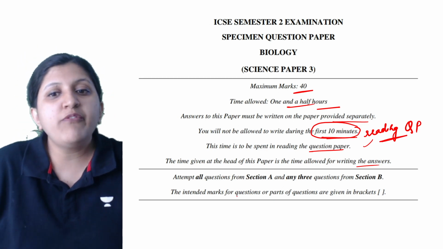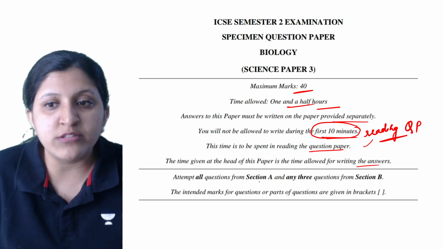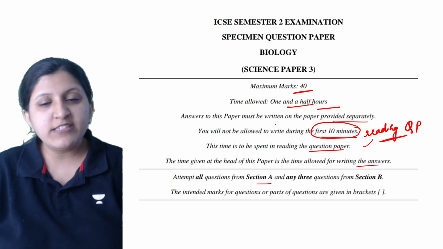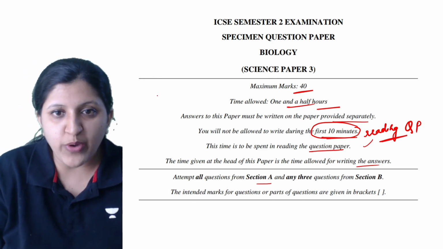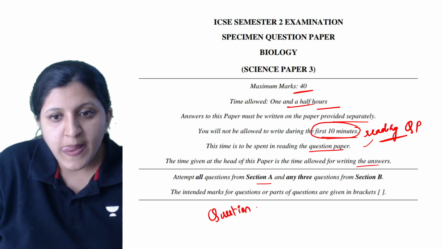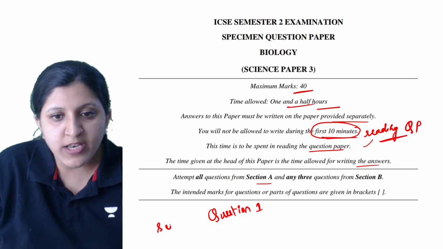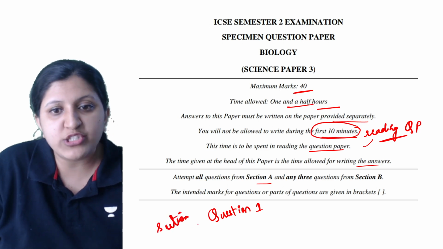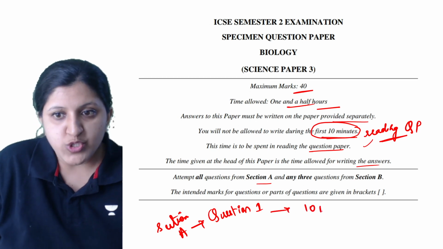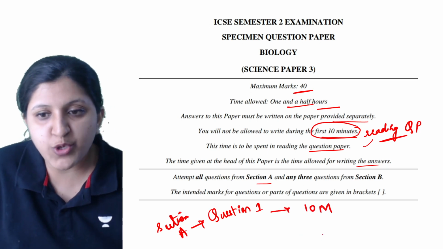Now attempt all the questions from section A. In section A they are giving only one question, question number 1, and this is actually a 10 mark question. Here it is basically MCQ.